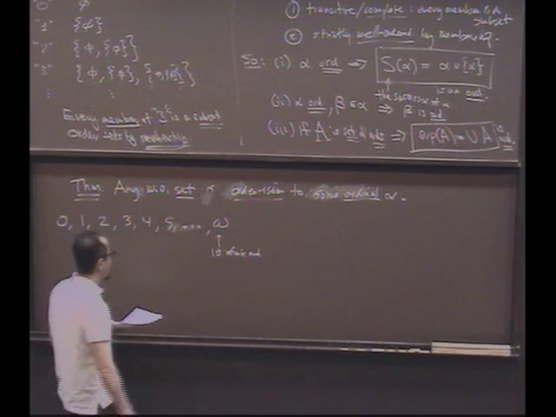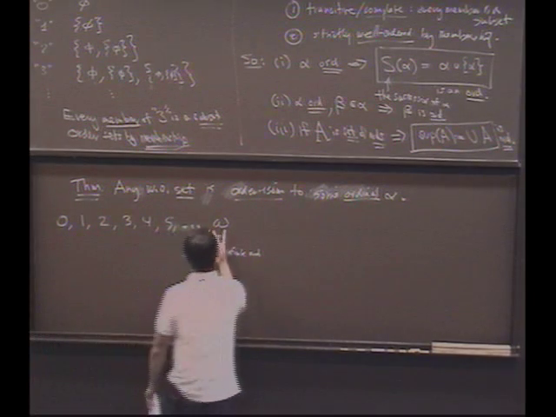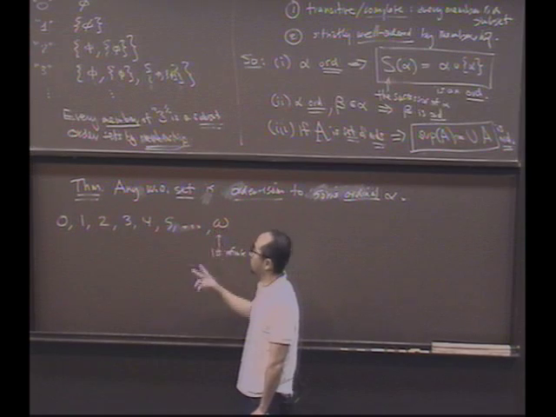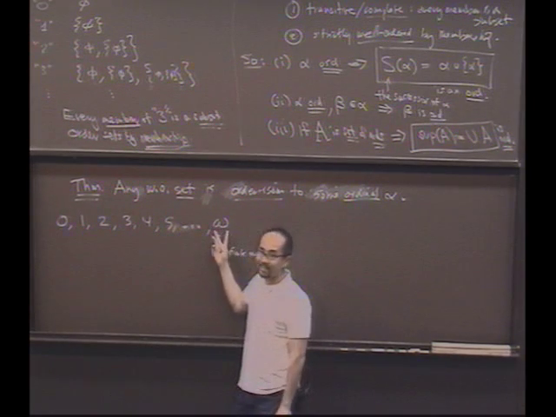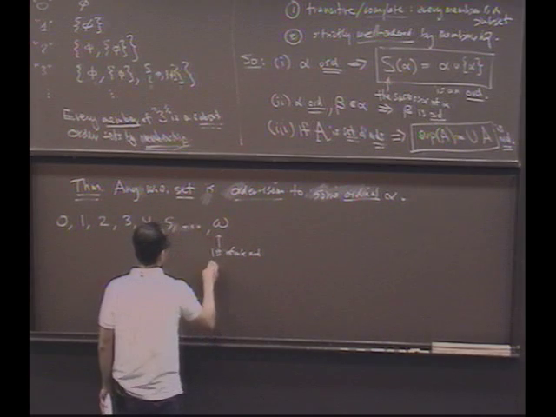Okay? The other thing I want you to notice is, except for 0, it's the first example of something that's not a successor of anything. It's given by the supremum construction, so it has a special name. We call it a limit ordinal.